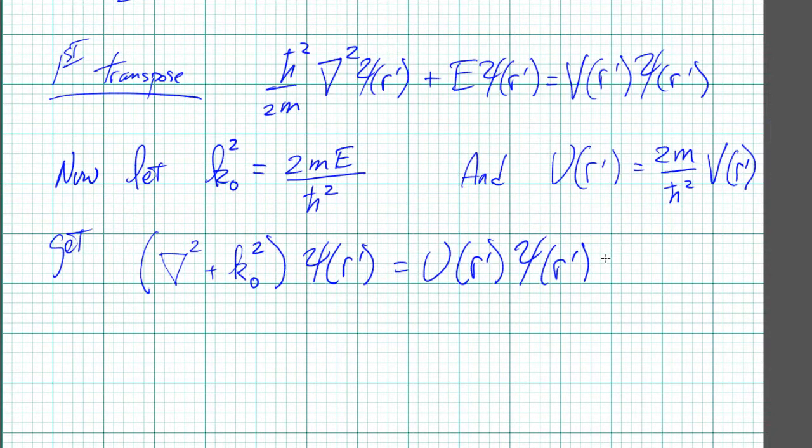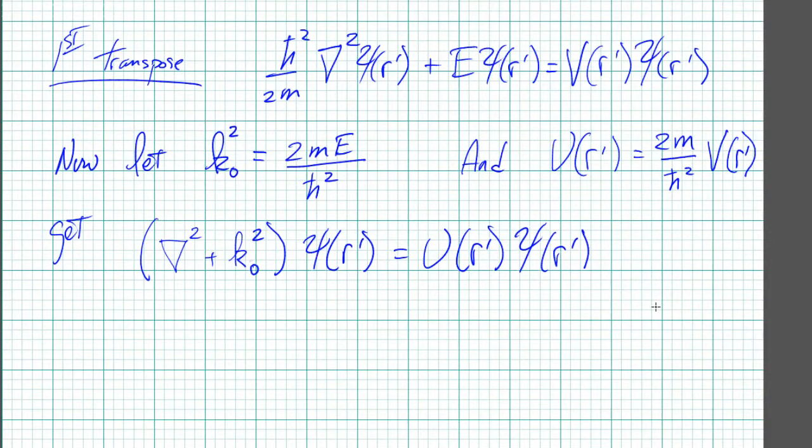So that's pretty slick. We have a nice operator equation. But why did we make those substitutions? Where did we come up with that?